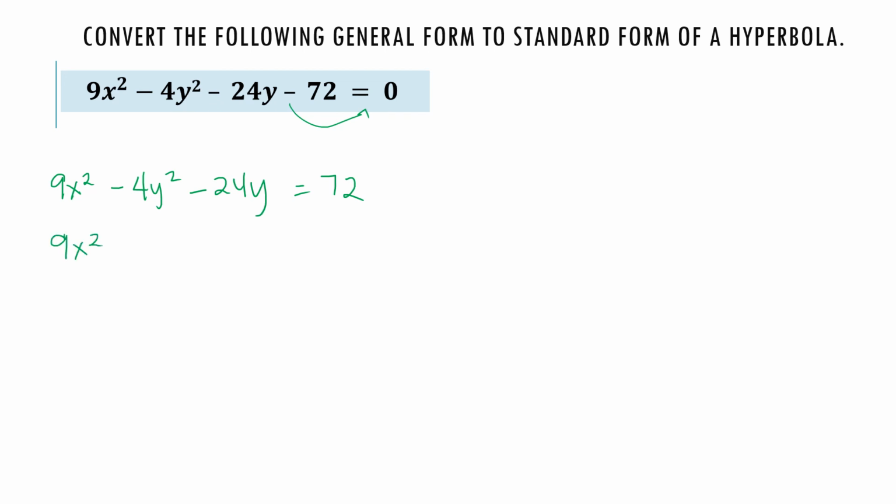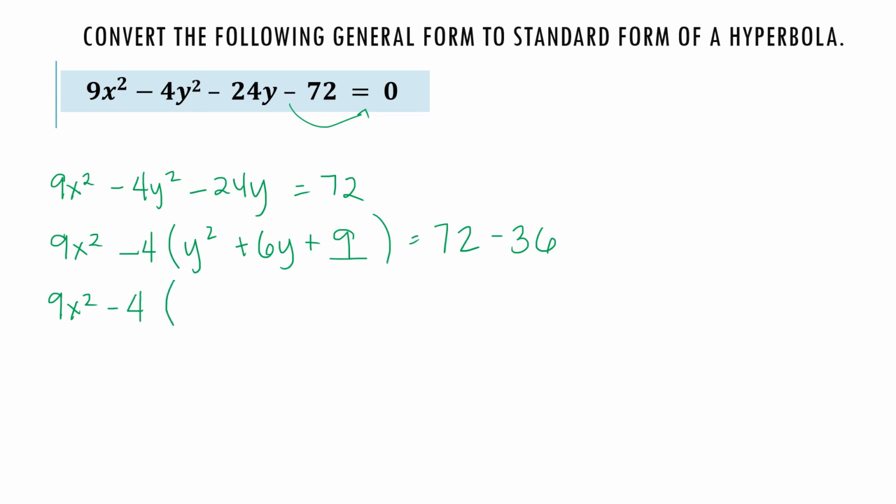Factor out natin si negative 4 this time. Pwede na kasi siya. y^2, this is plus 6y plus blank equals 72. Ano po ang nawawala? Okay, 9. Pero dito ay 36. Plus negative 36. So, nilagay ko na lang ay minus 36. 9x^2 - 4. Factor natin. This is (y + 3)^2 equals 36.